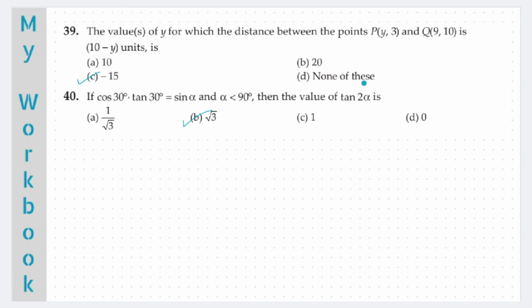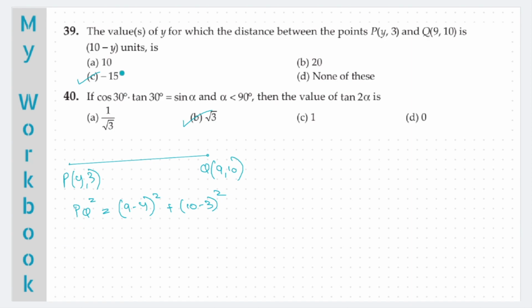So in 39th sum, there are 2 points. Y comma 3 is the coordinate. 9 comma 10 is the coordinate. The distance between the 2 points is given as 10 minus y units, and we need to find the value of y. By distance formula, the distance square PQ square is 9 minus y the whole square plus 10 minus 3 the whole square.